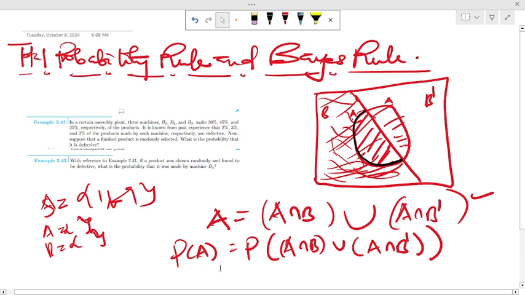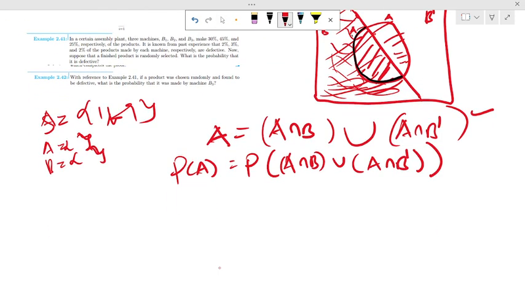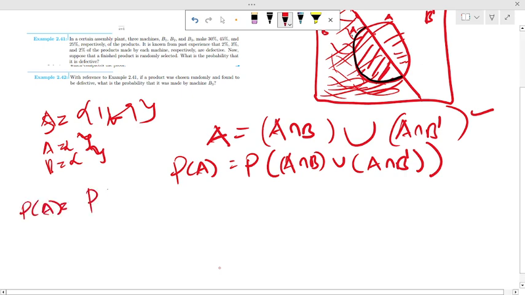Now, if the probability of A is equal to this whole expression, then we can write the probability of A as the probability of A intersection B plus, we know that union is addition, right, plus the probability of A intersection B prime, right?